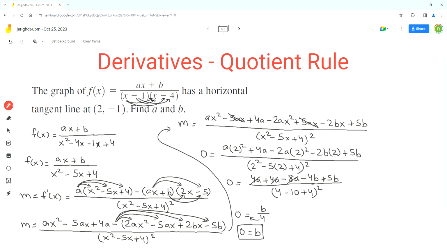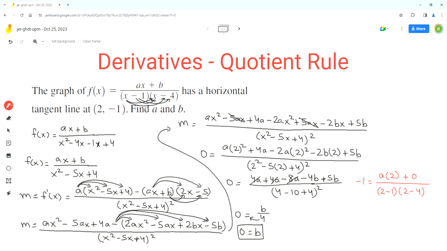So we sub in f(x) as negative 1. So we get negative 1 equals a times 2 plus 0, because b is equal to 0, over 2 minus 1 times 2 minus 4.